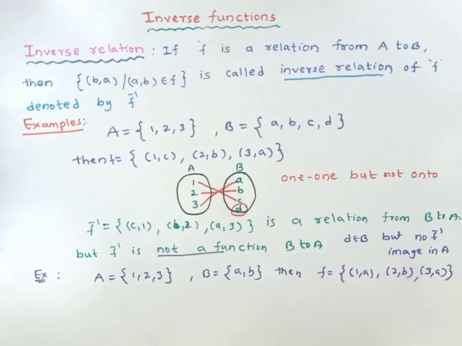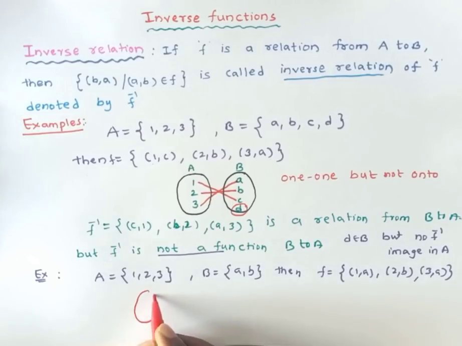Obviously F inverse is a relation from B to A. Here F is a relation from A to B, then obviously F inverse is a relation from B to A. Now what we have to check is whether the F inverse relation is a function or not. We need to check. So by using a tree diagram, see here A, B.